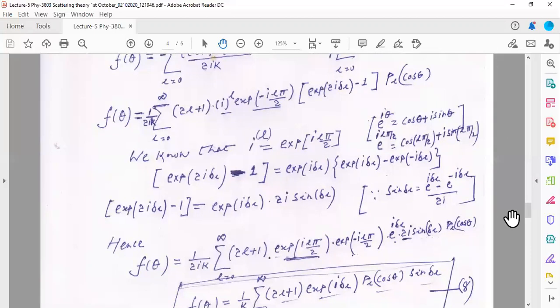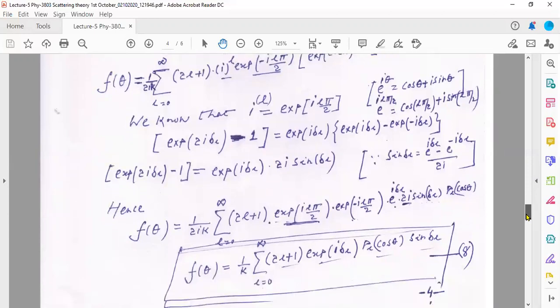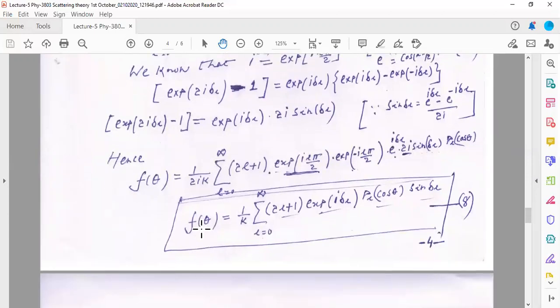Right? So this is f theta. Now the 2i and 2i cancel. So it is 1 upon k, (2l plus 1), and e to the power of plus x times e to the power of minus x is e to the power of 0, which is 1. So it is (2l plus 1) exponential of i delta L, P_L cos theta, sin delta L.